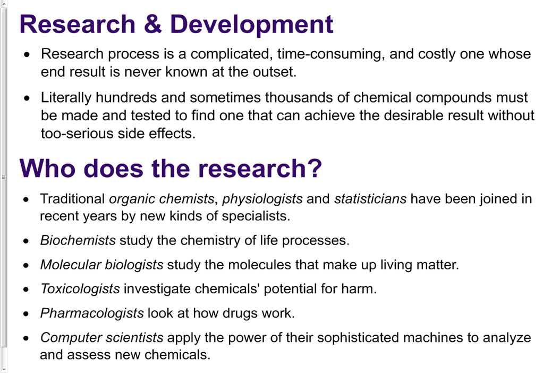Literally hundreds and sometimes thousands of chemical compounds are made and tested to see if we can get something that will help treat a certain condition without major side effects. You can read the list of scientists, mathematicians, etc., that are involved in the research. We are going to talk a little bit more about the research process when we talk about drug design much later on in this unit.